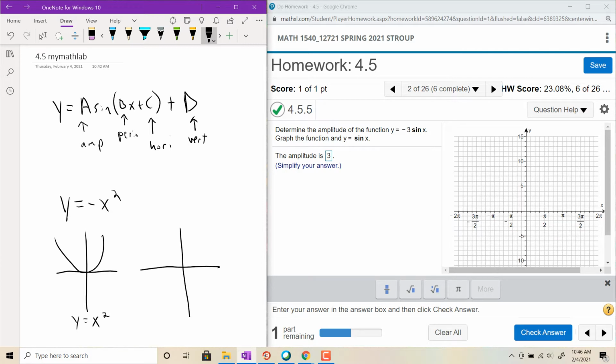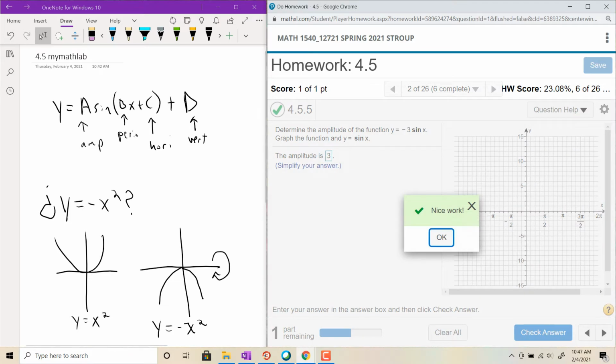So y equals -x squared would just be the same thing rotated about the x-axis. So you just do one of these for a negative out in front.